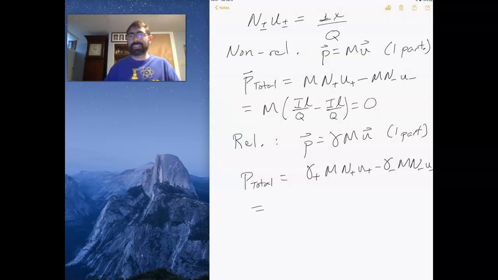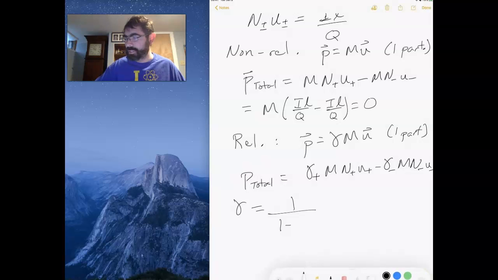And so what you notice is you have a different gamma factor because it depends on the direction of the velocity. Because gamma, if you remember, is 1 over the square root of 1 minus, well, it depends basically on the direction of the velocity. In one case, the relative velocity is moving left. In the other case, the relative velocity is moving to the right.